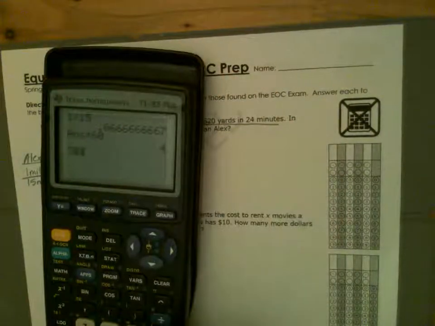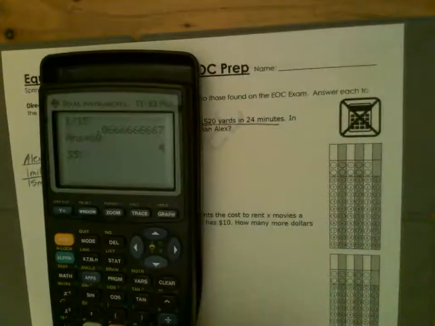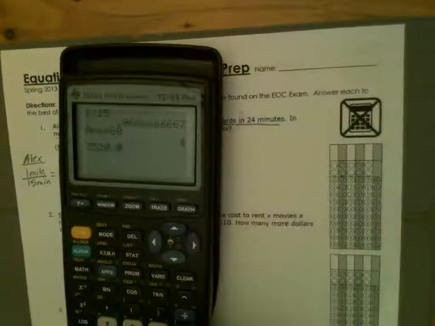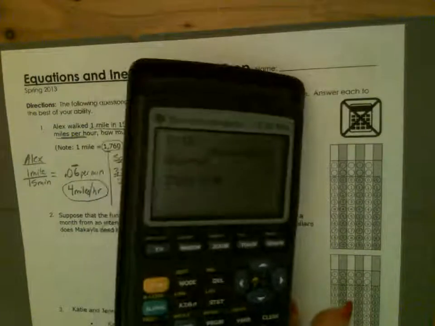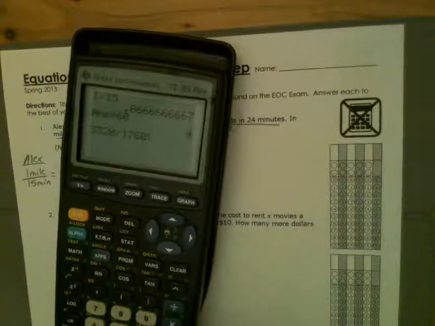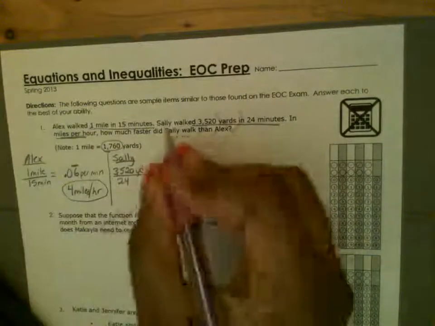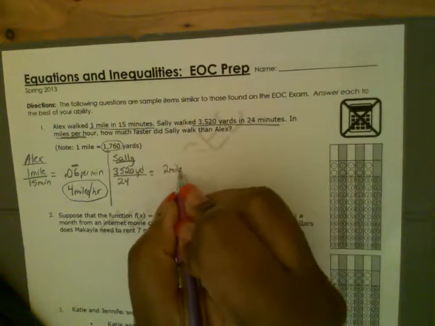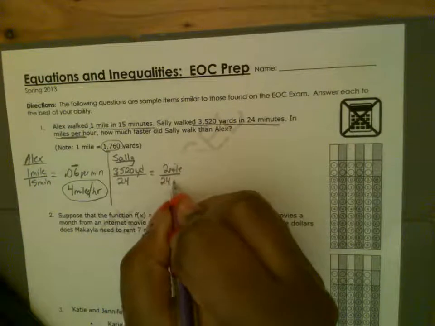So type in 3,520 divided by 1,760. Okay, and that gives us 2. This is going to be 2 miles in 24 minutes.